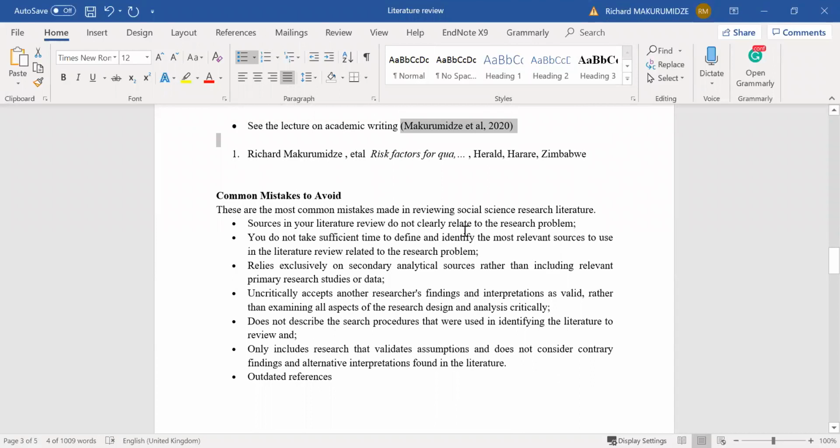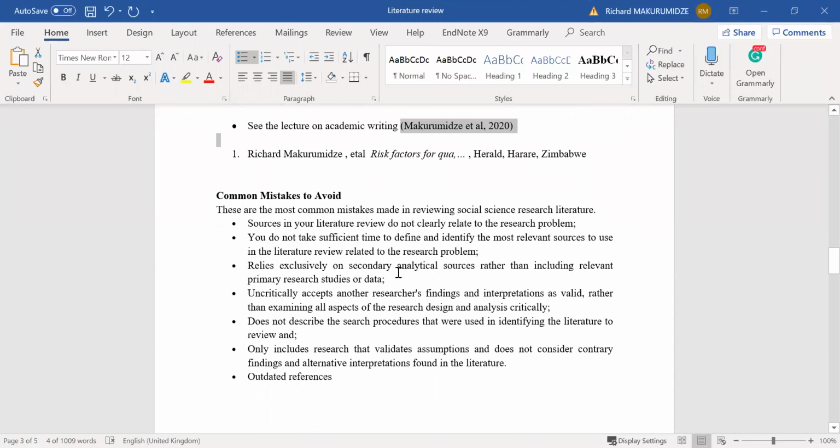So make sure whatever you cite is relevant. You do not take sufficient time to define and identify the most relevant sources to use. Very common, where people don't use the correct sources, or rely exclusively on secondary analytical sources rather than including relevant primary research.